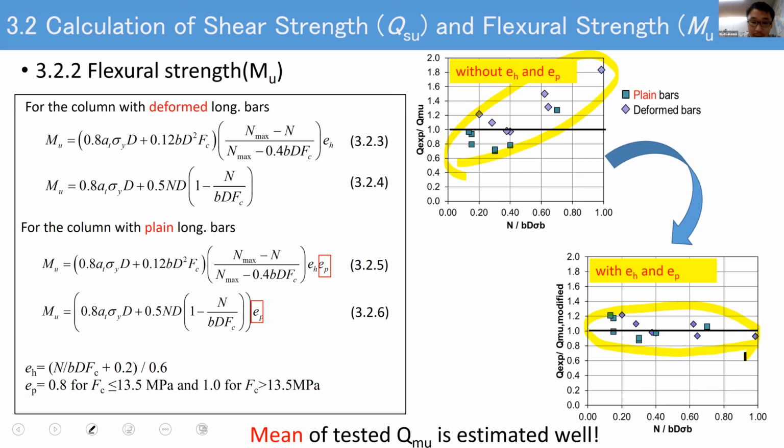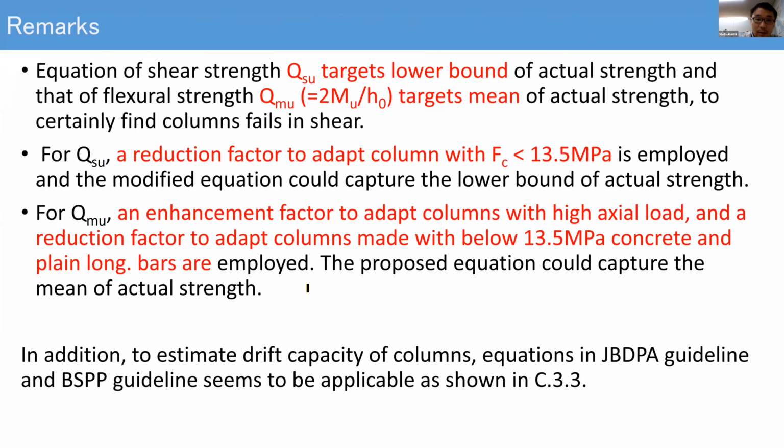And again, calculation of flexural strength targets the mean of actual strength. Yes, this is 1.0. So the mean of tested QMU is estimated very well. This is the reason why we employ these equations. Remarks are written here. I won't repeat about the strength evaluation.